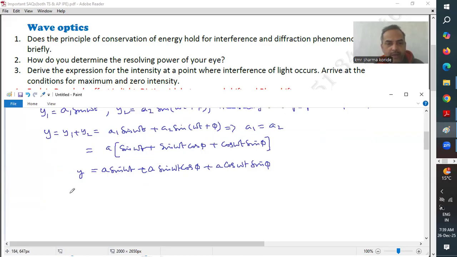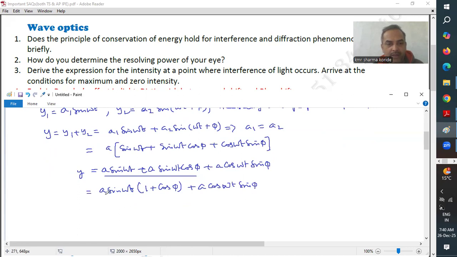Now take A sin omega t common from these two terms, and you'll get 1 plus cos phi. Write this equation as it is, A cos omega t sin phi.